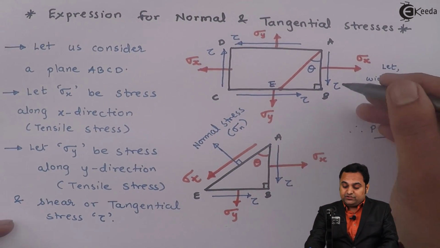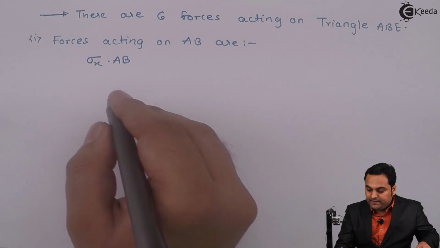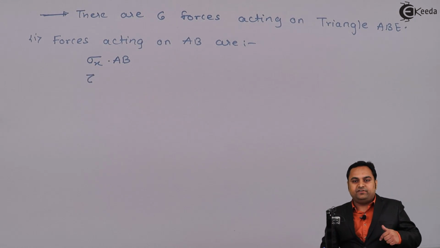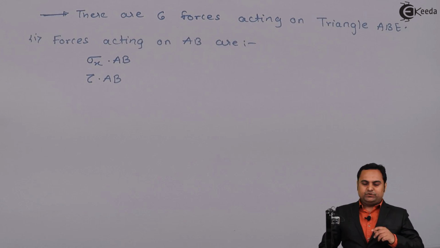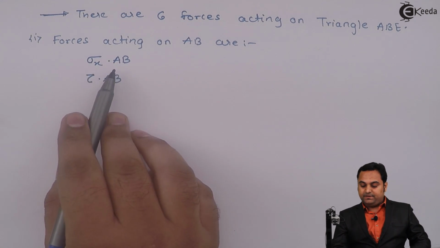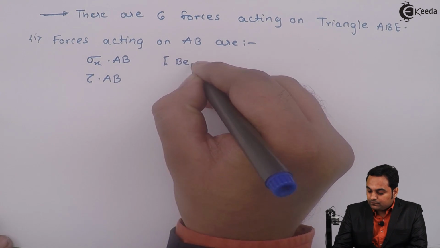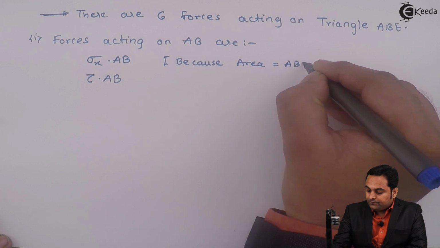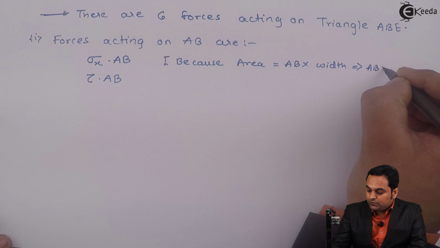Similarly, because of shear stress tau, this tau I'll call it as tau AB. So there is shear stress tau acting on face AB, and the area is AB. So now here I have written forces acting on AB are sigma x into AB and tau into AB, because area is equal to AB into width, and here width is 1.